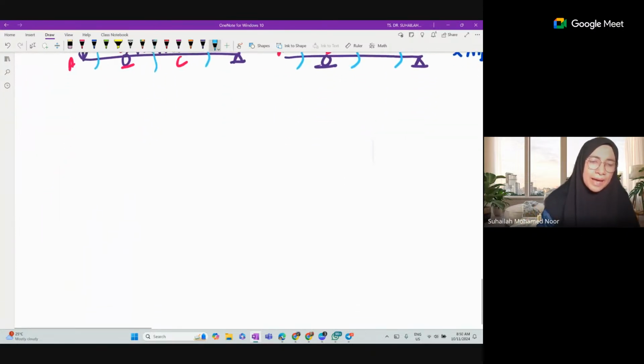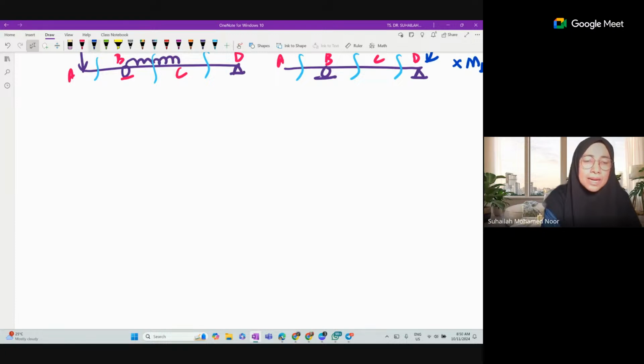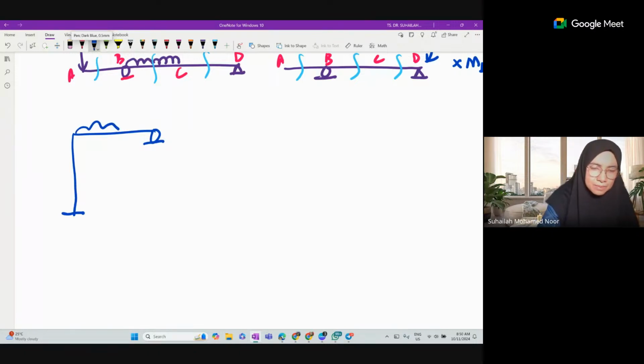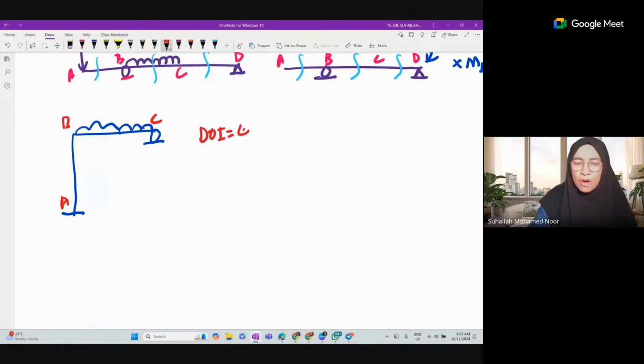Let's say we have a frame. One support is fixed, one is roller. We have UDL. The labels are A, B, C. Looking at the supports, there are 4 unknown reactions and only 3 can be determined using equilibrium equations, so 1 is the redundant.